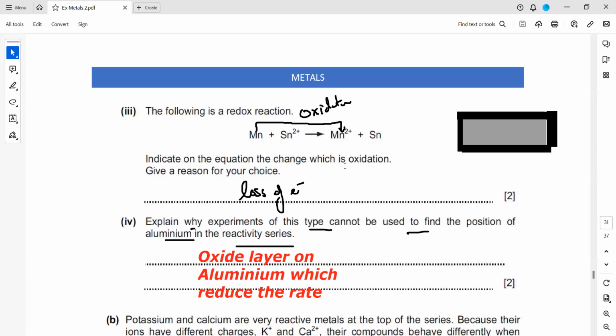As a result, you cannot exactly find it, because when we work out the rate of reaction with aluminium, for example by measuring the volume of a gas, in the beginning the reaction is slower and then suddenly it increases. So why was this part slower? Because of the oxide layer it was reacting. Once the oxide layer is removed, then the reaction of aluminium will start.